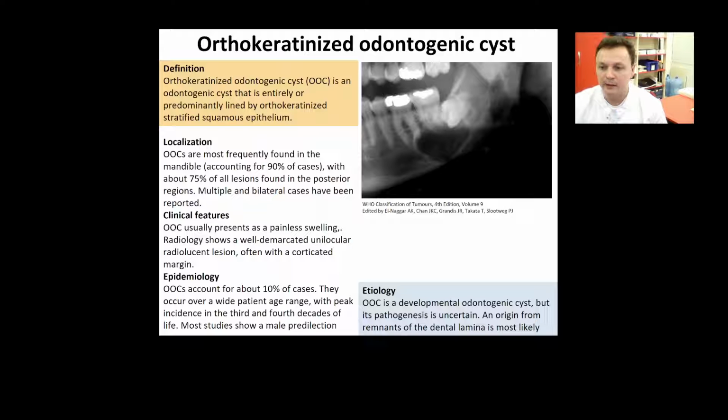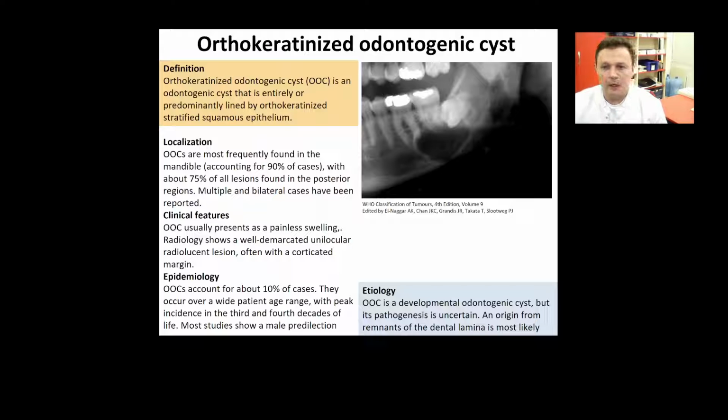Multiple and bilateral cases have been reported. OOC usually presents as a painless swelling, but many are found incidentally during radiographic examination for other reasons. Radiology shows a well-demarcated unilocular radiolucent lesion, often with a corticated margin.